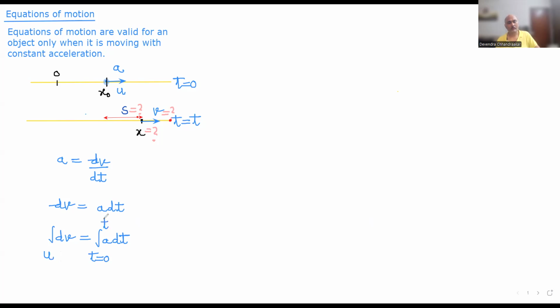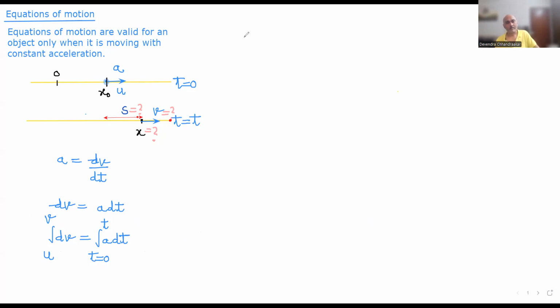And at t equal to t, what is v? We don't know what v is, and that is what we have to find. Is it clear to everybody? The lower limit of time was 0, the initial velocity was u. When the time was t, the velocity is v. I hope this is clear to all of you, right?